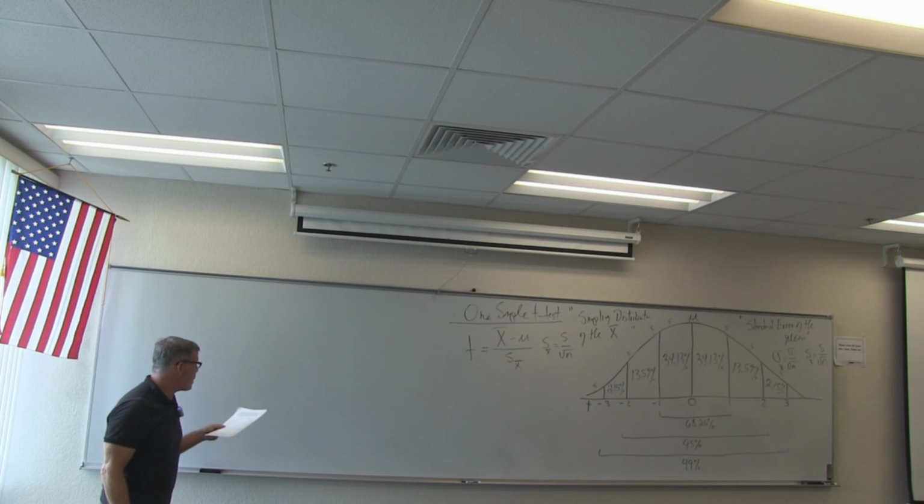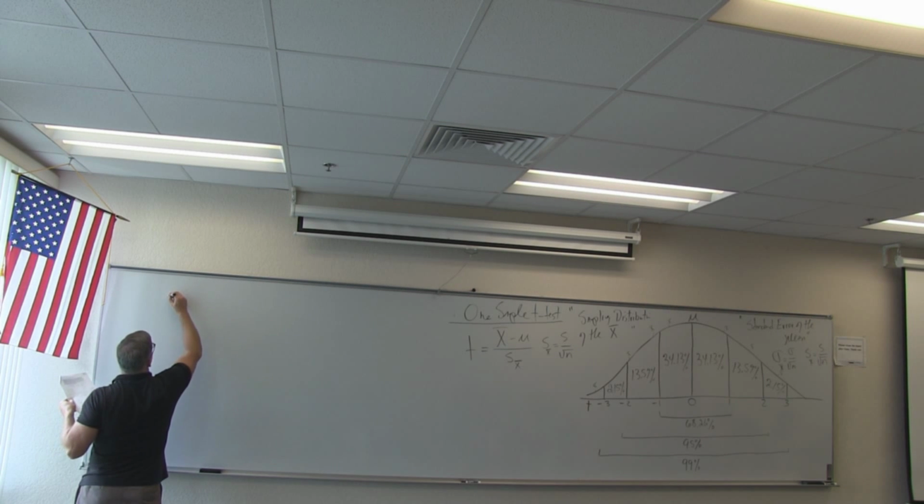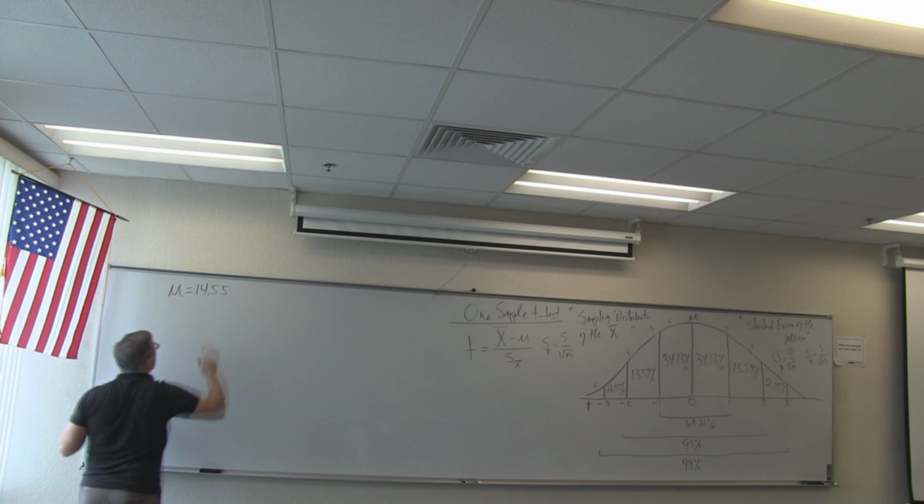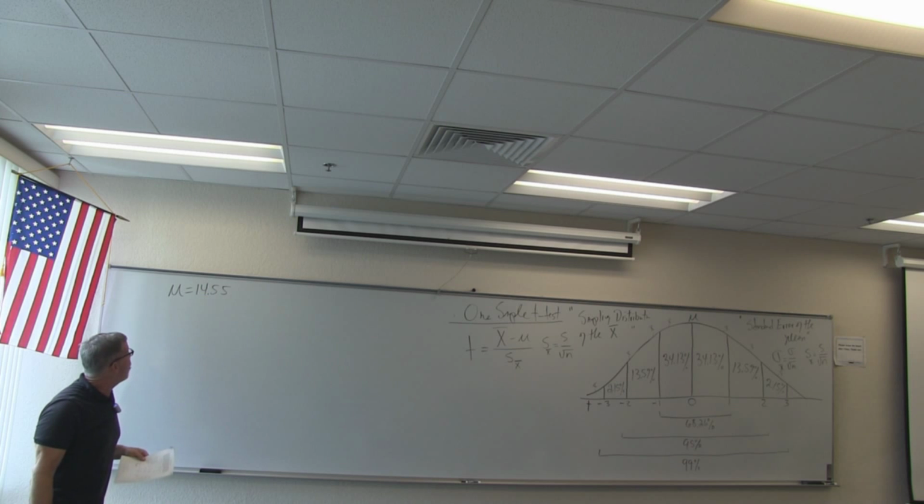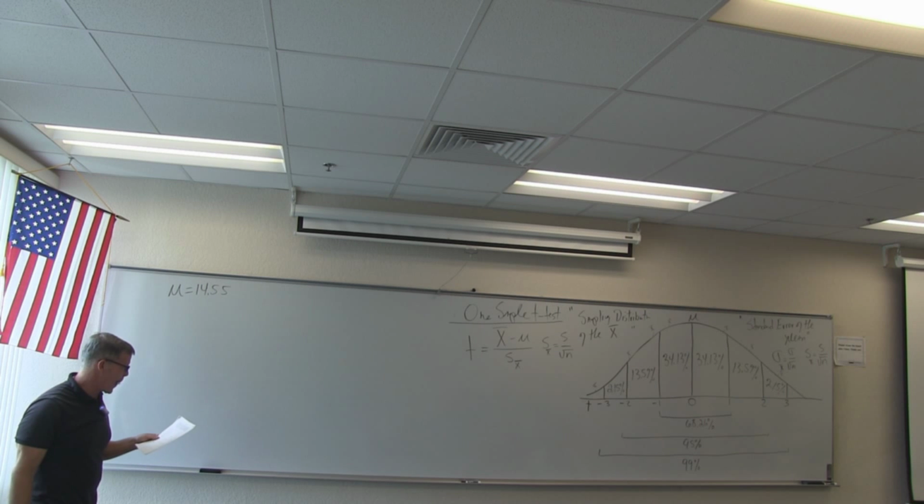The Smith Anxiety Measure is a psychometric instrument designed to assess levels of anxiety in elementary school-age children. The mean anxiety score on the SAM for the general population of elementary school children nationwide is 14.55. We have a national average here that they're calling mu, population mean.